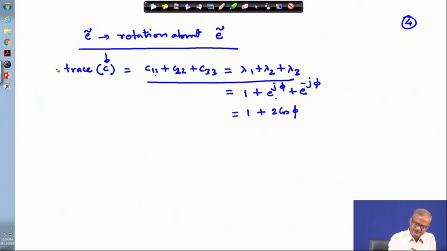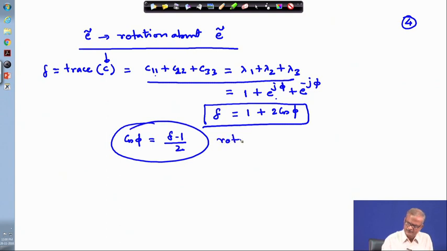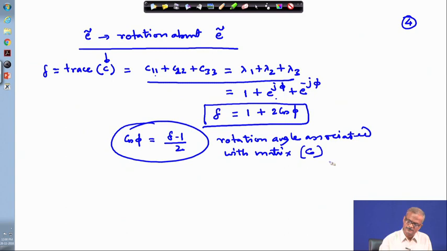So, the trace of C, let us indicate this by delta. So, this becomes delta equal to 1 plus 2 cos phi, and then cos phi equals delta minus 1 divided by 2. This gives you the rotation angle associated with matrix C. Okay.